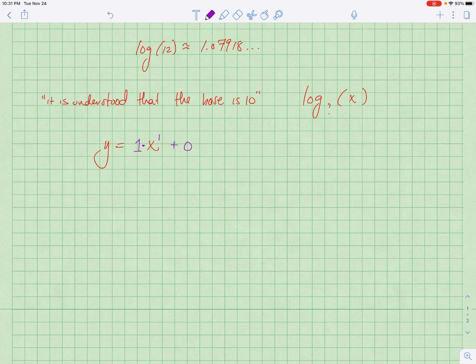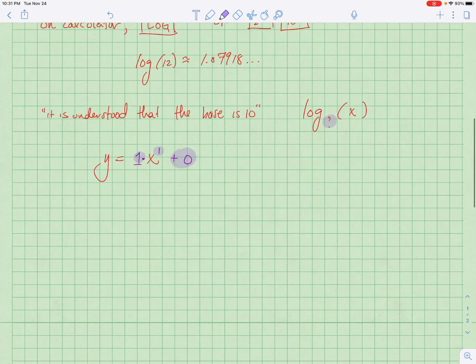So, there's a lot of different values in here where it's understood. So, in each one of these cases, it's understood that the coefficient is 1, it's understood that the power is 1, and it's understood that we're adding or subtracting 0 because there's no term there. So that's what we mean by it's understood that the base is 10. Okay.